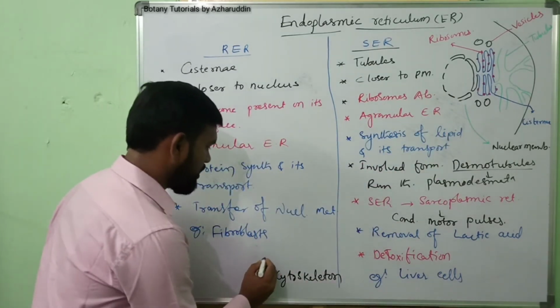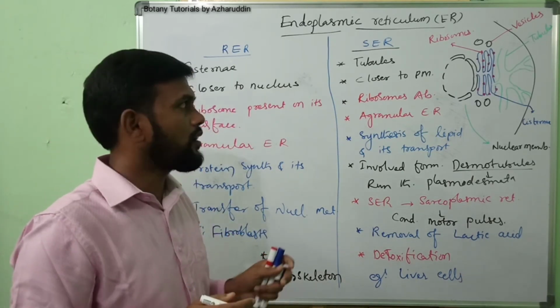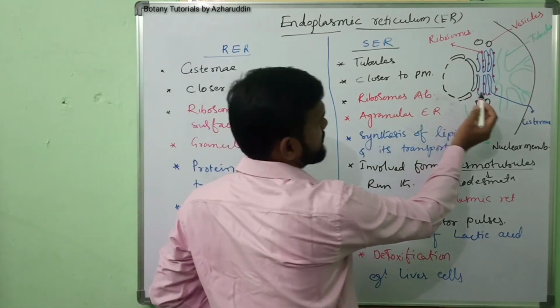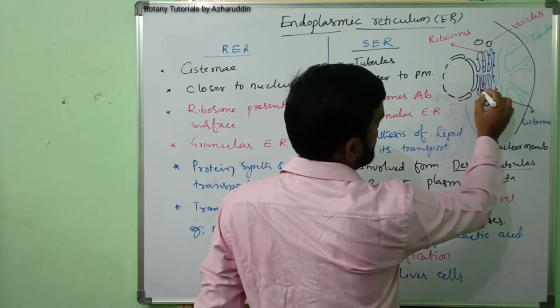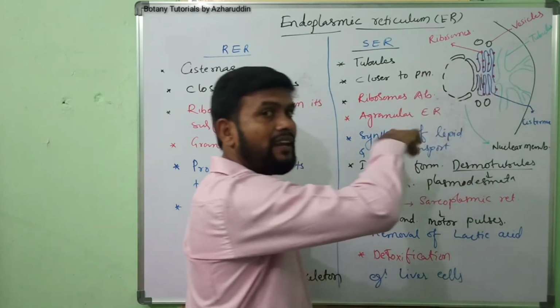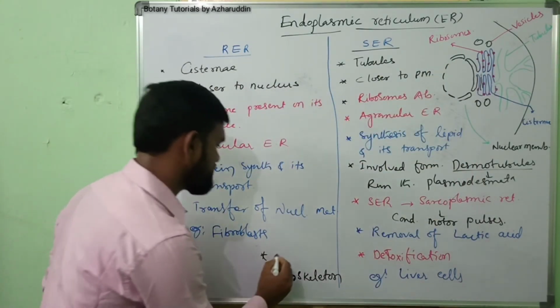It is also involved in compartmental formation in the cell. For example, this is a cisterna, this all is the inner compartment, and this is the outer compartment. It forms inner and outer compartments, the compartmentation of the cell.